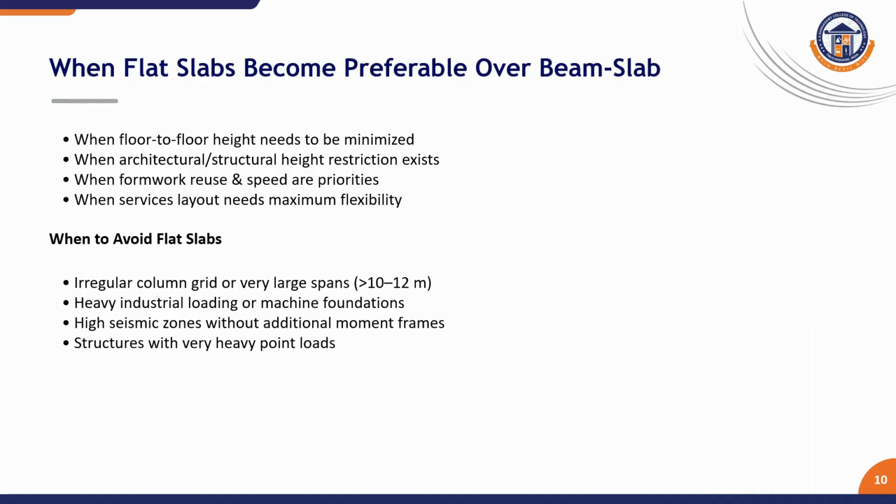And also avoid flat slabs for irregular column grids, very large spans like more than 10 to 12 meters, heavy industrial loading or mechanical foundations, high seismic zones without additional moment frames, and structures with heavy point loads.